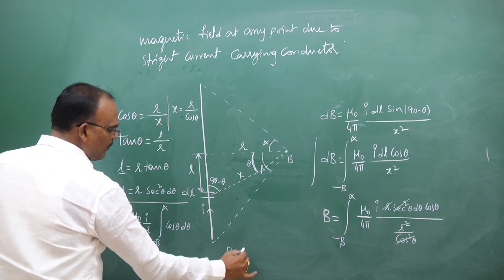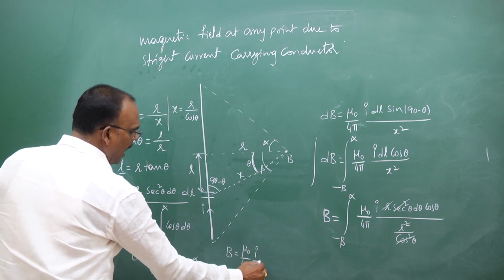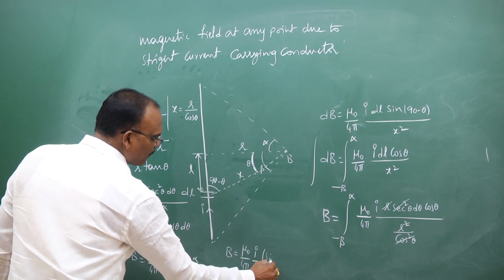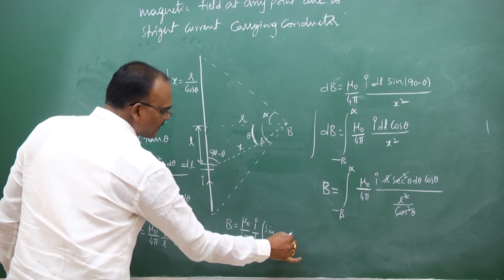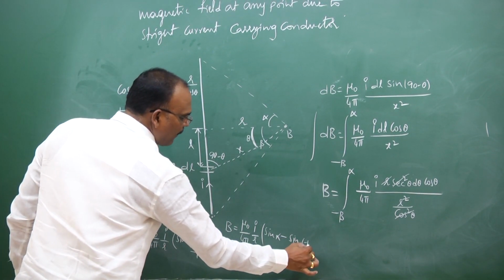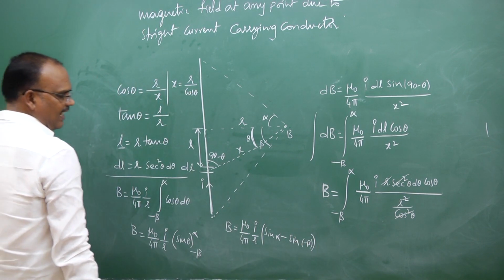So magnetic field B is equal to mu naught by 4 pi I by r into sin alpha, the upper limit, minus the lower limit. The lower limit is minus beta, so sin of minus theta is minus sin theta.